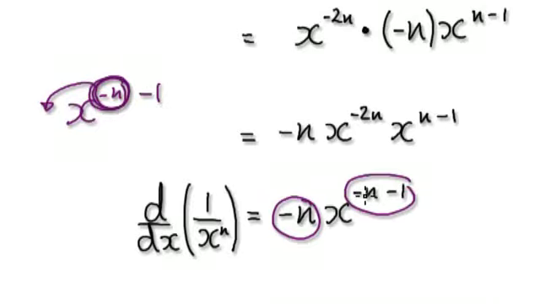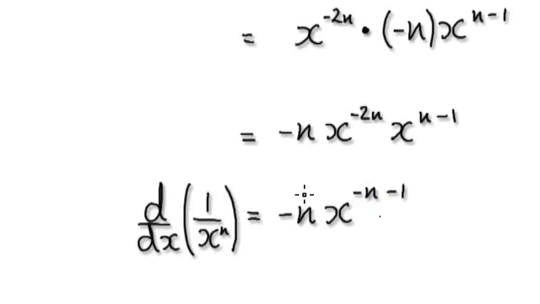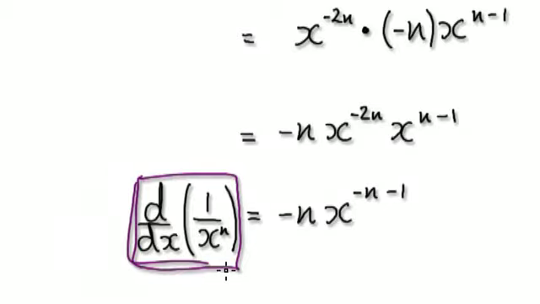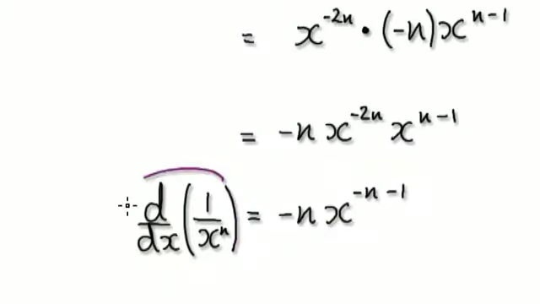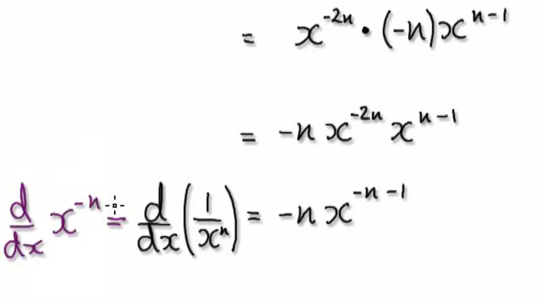The key to understanding this bit is quite confusing. When you get to this stage here, it equals this thing here. But then visualize this thing as x to the power of minus n.